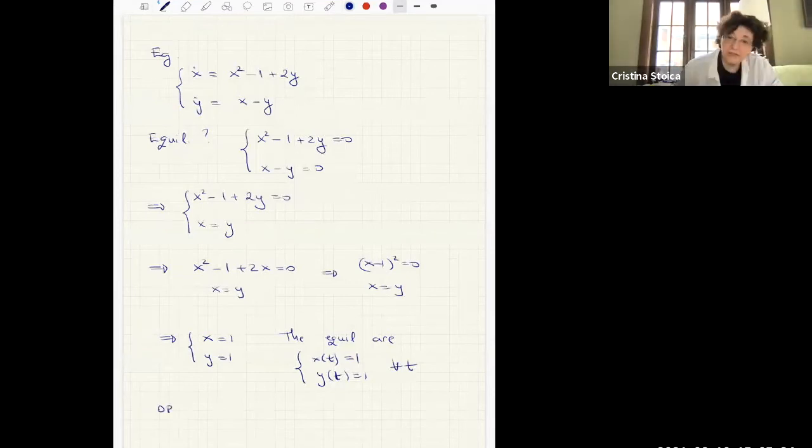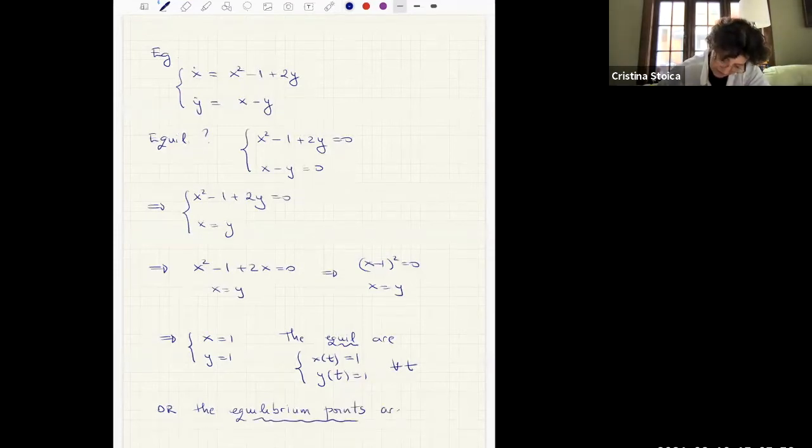People use this kind of language, they understand that the equilibria are solutions. So I don't have to say that there are solutions for which x of t is 1 for all t. They say the equilibrium points, they just put them as points: x_e equals 1, y_e equals 1.